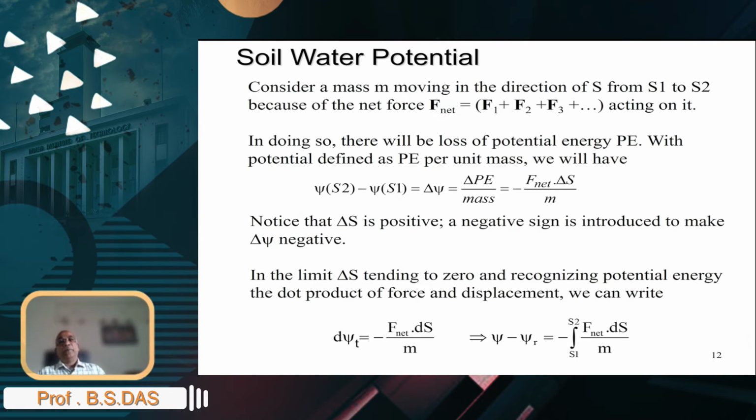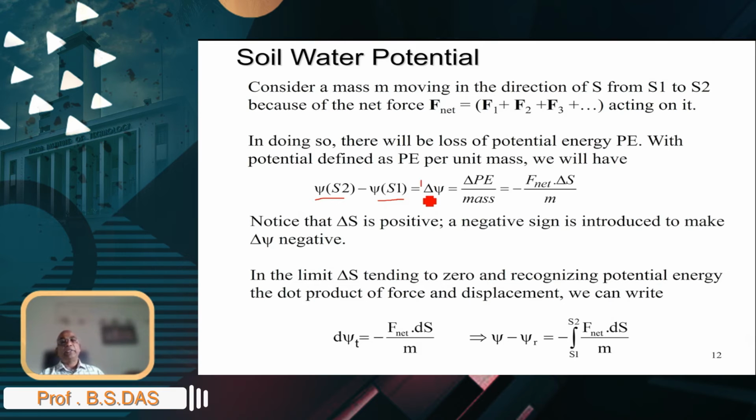And so if you define a water potential to be the ratio between the potential energy to mass, you would be in a position to write an expression for the potential energy at S2 minus the potential energy at S1.